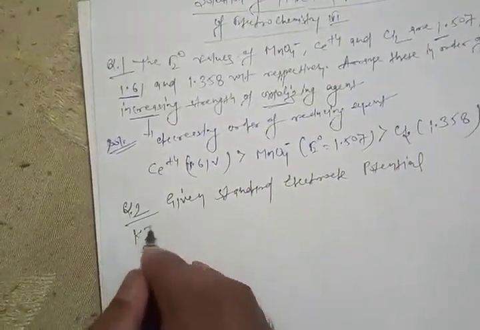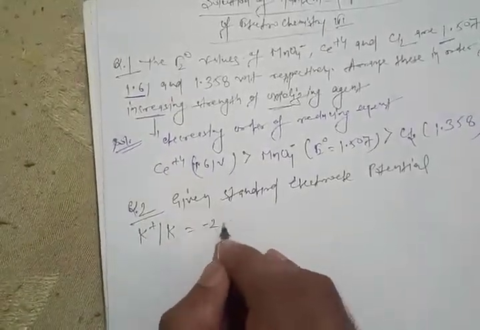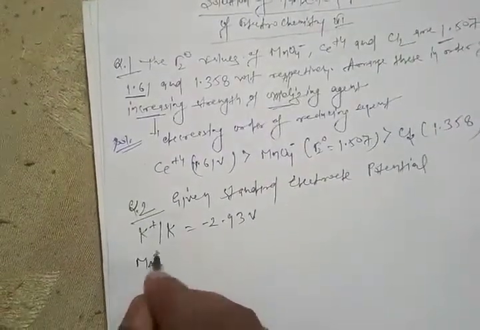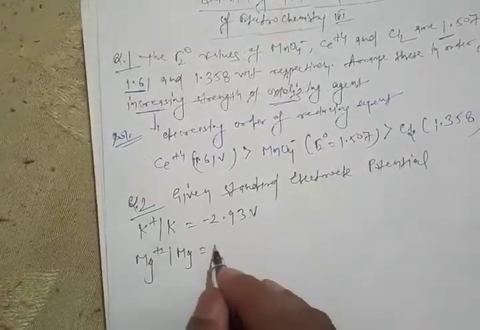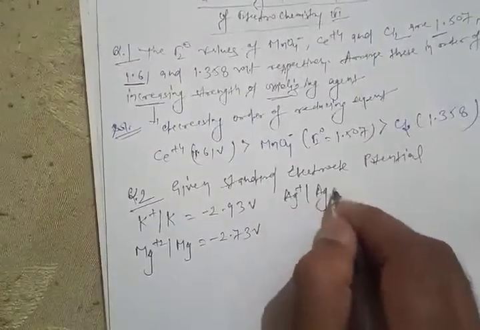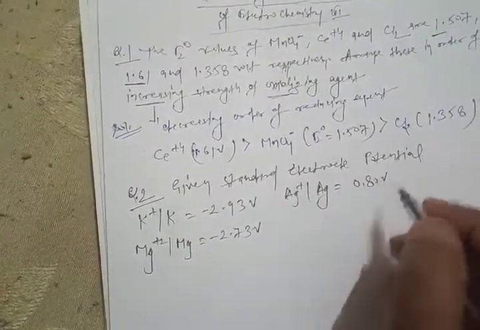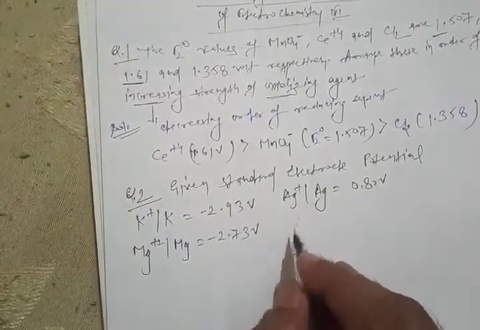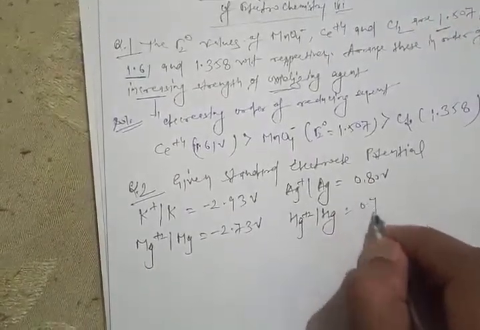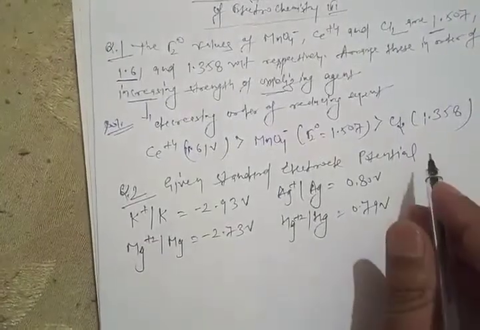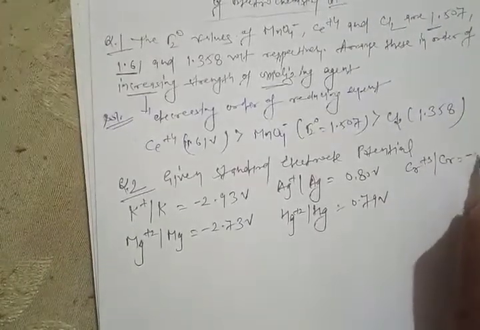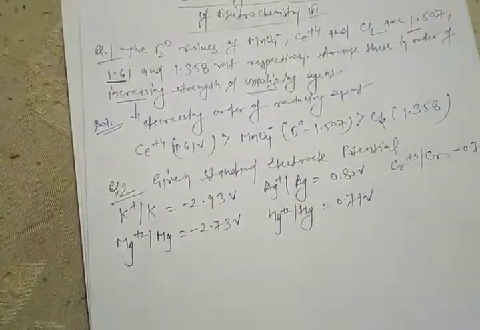These are the reduction potentials: K plus to K, minus 2.93; magnesium plus 2 to magnesium, minus 2.73; Ag plus to Ag, 0.80 volt; Hg plus 2 to Hg, 0.79 volt; and chromium Cr plus 3 to Cr, minus 0.74 volt.